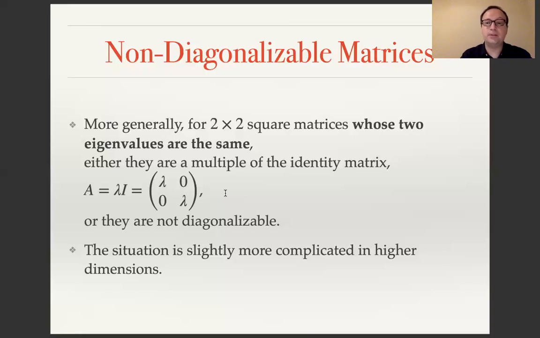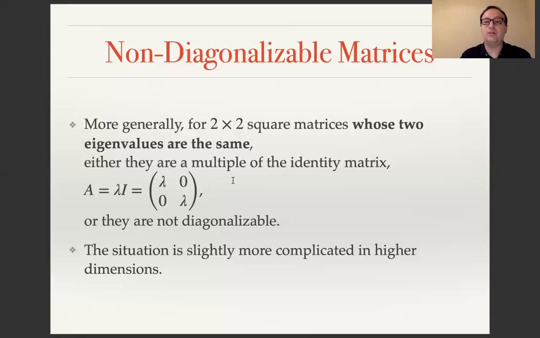So it's a pretty simple classification for 2 by 2 matrices with only 3 cases. Either the matrix is diagonalizable and its eigenvalues are different from each other, or the matrix is a multiple of the identity matrix, so lambda 0, 0, lambda, or the matrix is not diagonalizable.